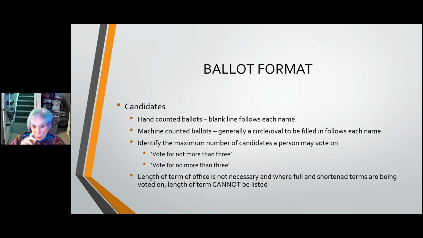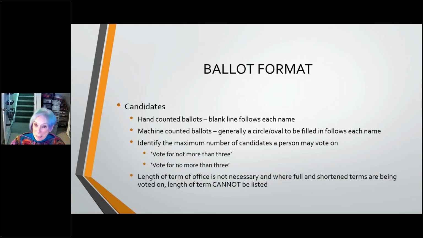Then the other thing you want to do in the heading, before the actual names appear, is identify what the race is. So it would be mayor, and then in parentheses, you want to identify how many they get to vote for. Obviously, it would be mayor, parentheses, vote for one or vote for not more than one, end parentheses.